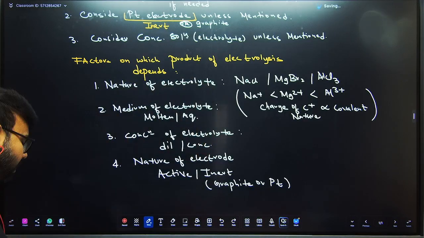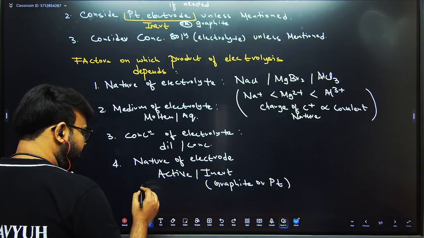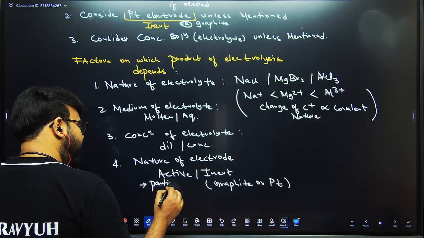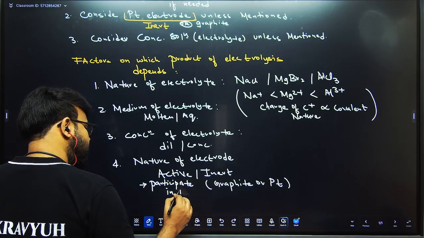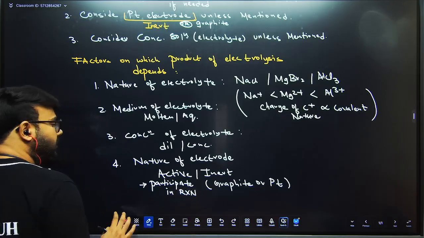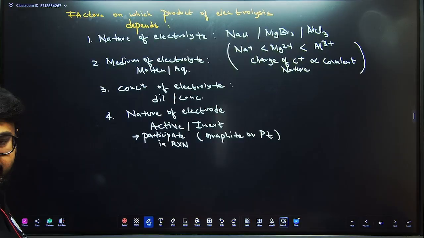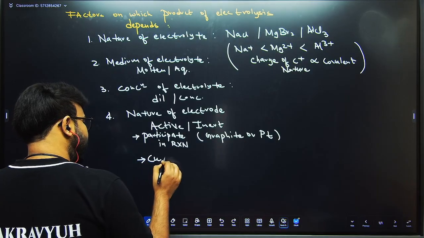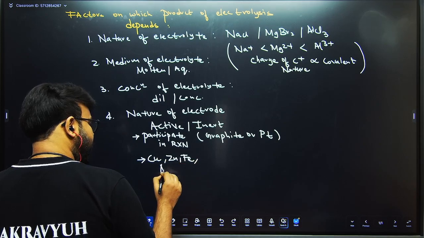So write it down. How will you identify the active electrodes? They participate in the reaction. They will take part in both oxidation and reduction. Examples are copper, zinc, iron, silver.